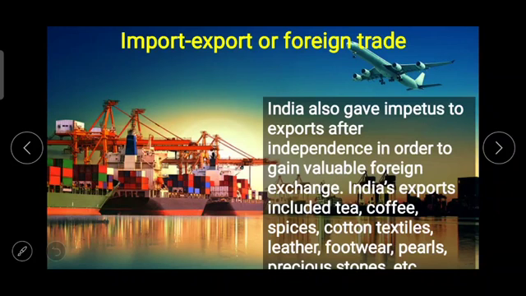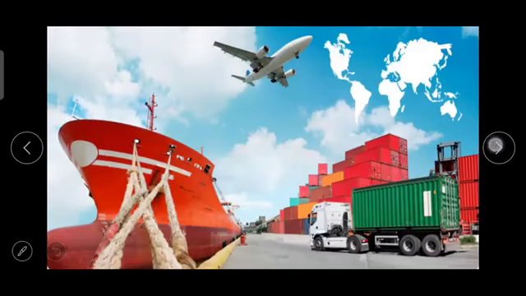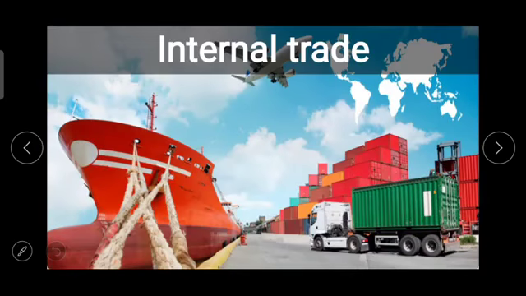India's exports include tea, coffee, spices, for which we are famous in the world, cotton textiles, leather, footwear, pearls, precious stones, etc. So try to understand: our imports include machines, iron, mineral oil, fertilizers, medicines. These are the things in our imports. And in exports, what we send abroad includes tea, coffee, spices, cotton textiles, leather, footwear, pearls, precious stones. These are all the things.